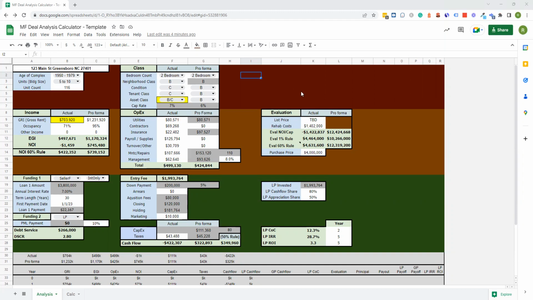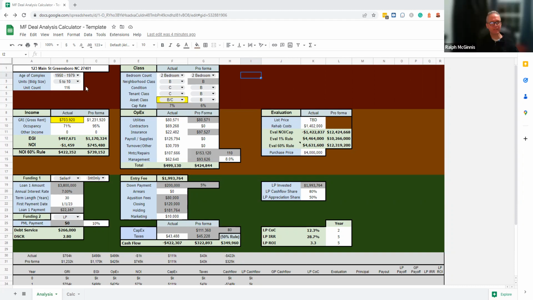Yep. All right, cool. So this calculator is broken out into 3 sections. The top section is the basic information of the property, like its class, how many beds and baths, the year it was built, all that nitty gritty stuff.